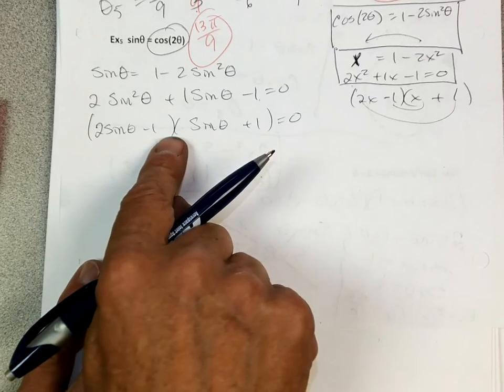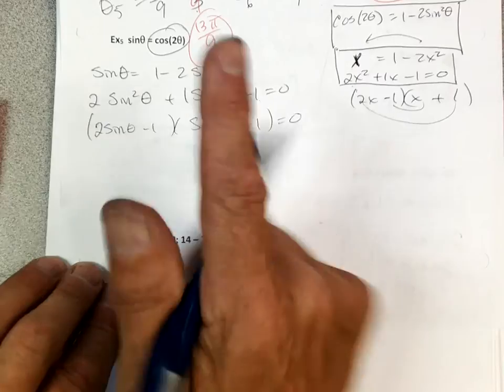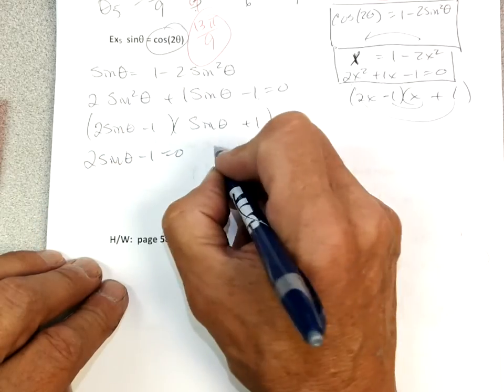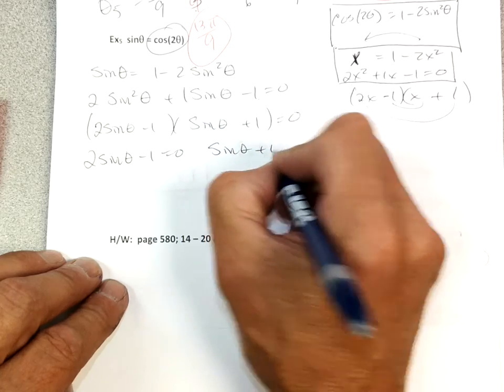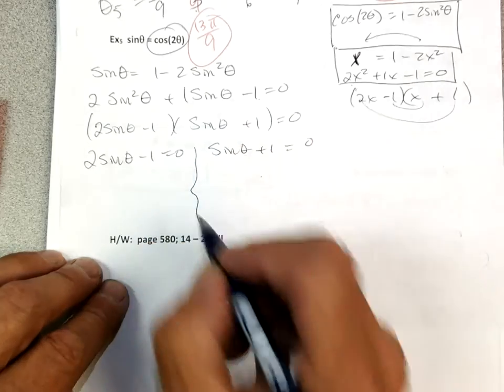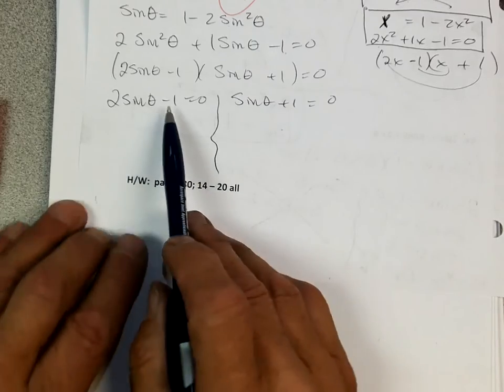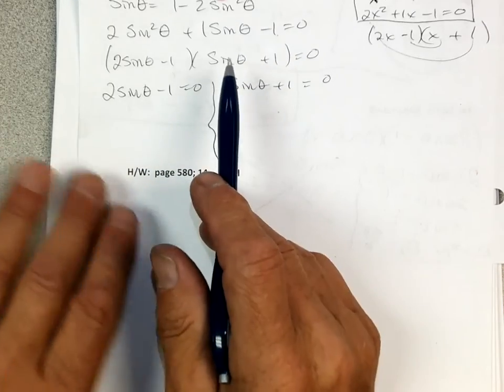So I'm going to set this equal to 0 and this equal to 0, right? 2 sine theta minus 1 equals 0 and sine theta plus 1 equals 0, right? Okay, I'm going to solve. Madeline's already on top of it. You're already looking at that unit circle, aren't you?